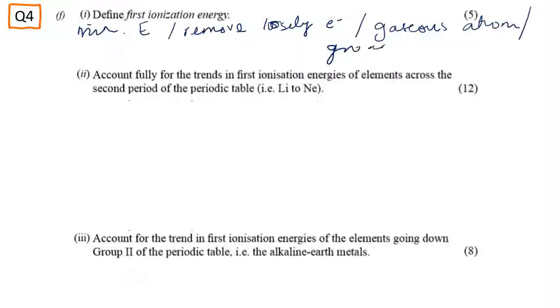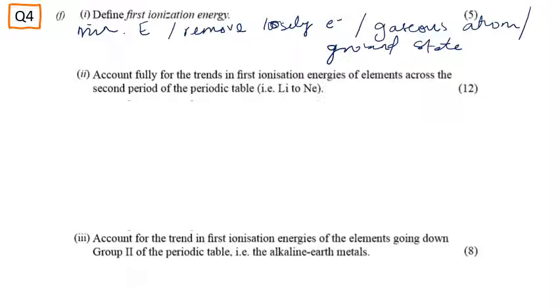So those are the key things we need there for this answer. It's worth 5 marks. Part 2, account fully for the trends in first ionization energies of elements across the second period.